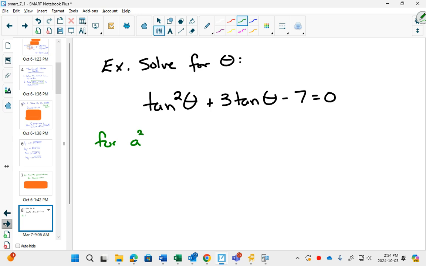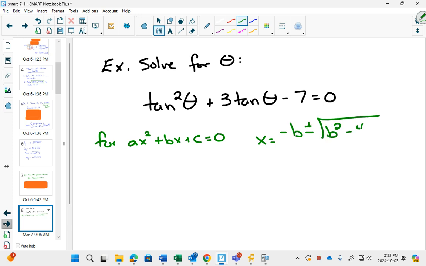And on your formula sheet it says for ax squared plus bx plus c equals 0, that x is equal to negative b plus or minus the square root of b squared minus 4ac over 2a.